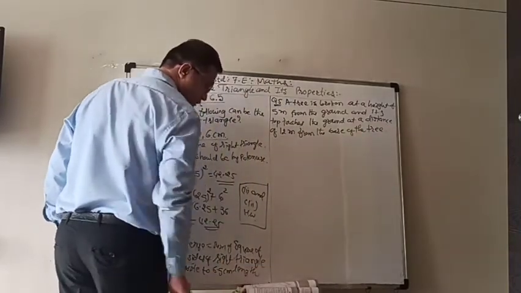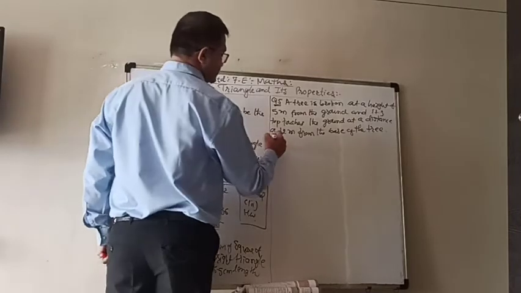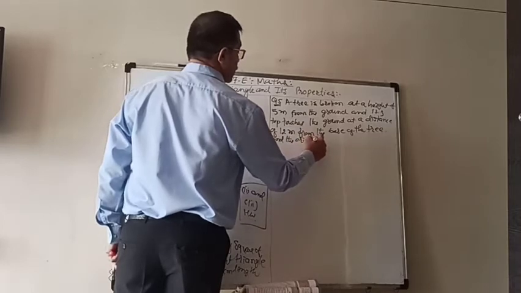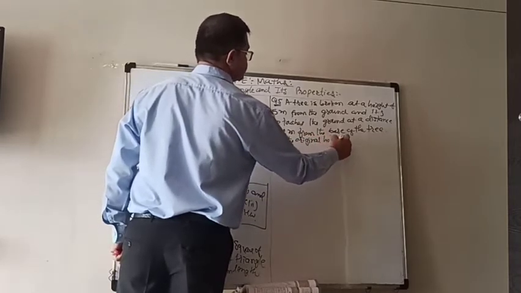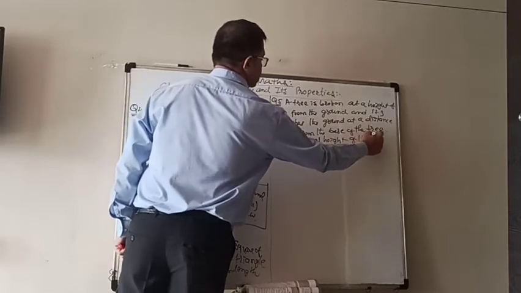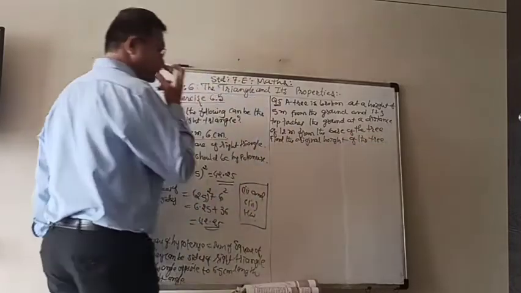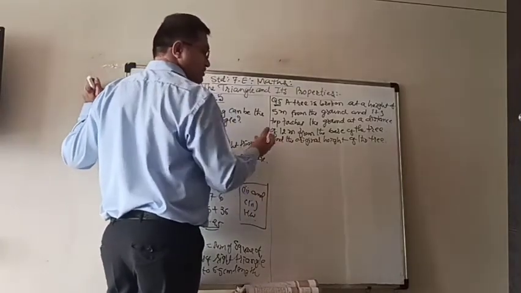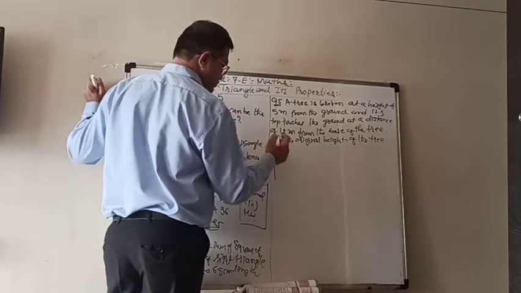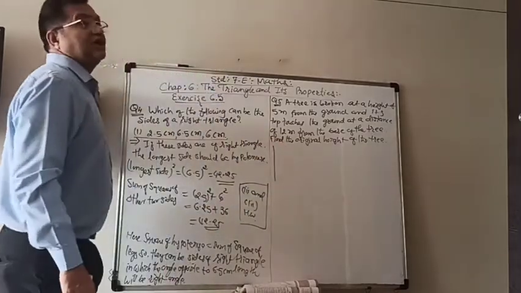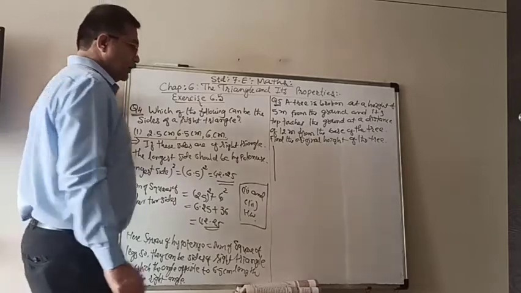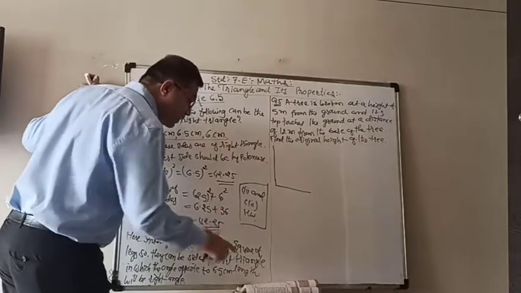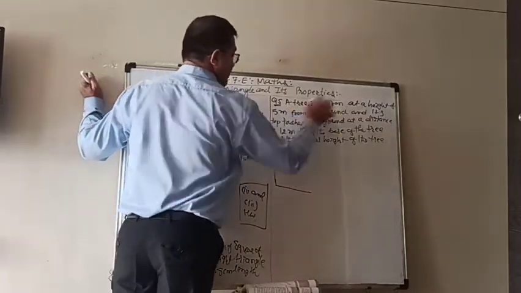Now what do we have to find? Find the original height of the tree. Let's understand with the figure. Suppose that was the original tree. It breaks at a height of 5 meters from the ground.